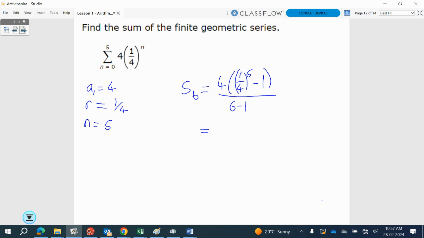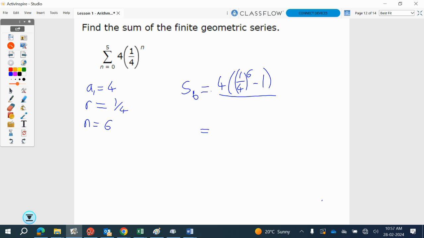Put this into your calculator. So isn't it over 1/4 minus 1? It is. Good one. 1/4 minus 1. And what do we get when we put it into our lovely calculator?